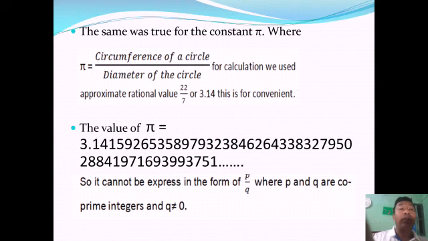This is for convenience. Actually, these are not the real values. The value of pi in decimal form is 3.14159263 and so on. So it cannot be expressed in the form of p by q, where p and q are coprime integers and q not equal to 0.